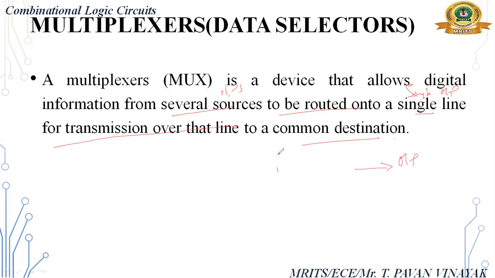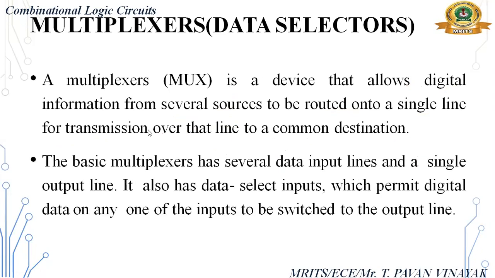Which source to select is decided using selection lines. The basic multiplexer has several data input lines, a single output, and also data select inputs, which permit digital data on any one input to be switched to the output.